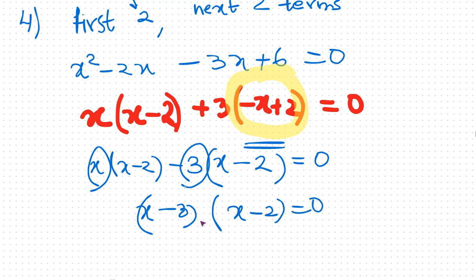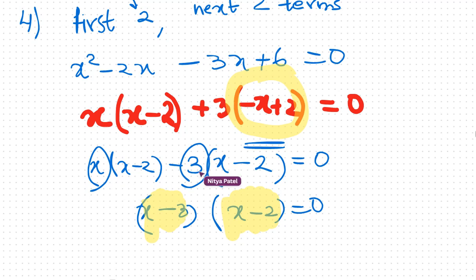So the value of x, can you tell me how much now? What we did before was either one of them has to equal 0. So the first one is x equals 3. So either this entire thing must be 0 or this thing is 0.